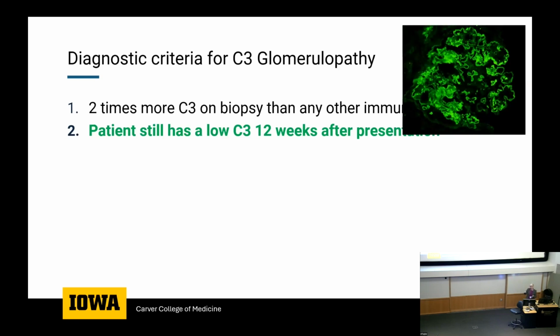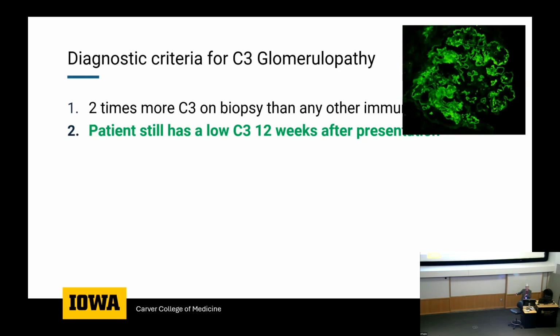Here's the problem for your nephrologist. We all have had patients that normalize their C3 at 16 weeks, or 19 weeks, but they never recurred again. So they truly were post-infectious glomerulonephritis. They just didn't read the textbook and know that they were supposed to normalize at 12 weeks to make everyone's job easier, right? But that happens a lot to us.